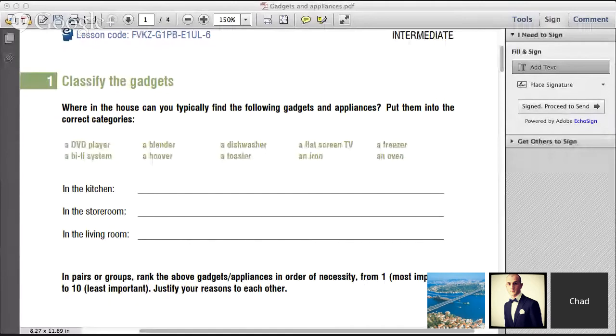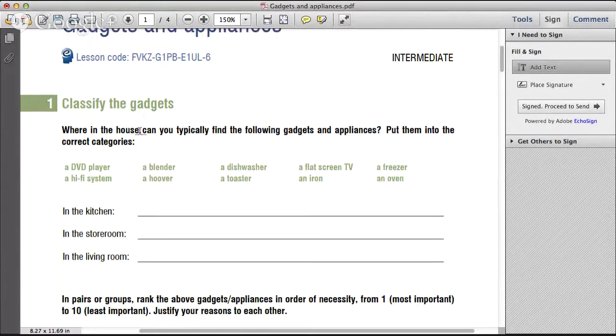Okay, you guys, let's go ahead and get started. I put the link to our PDF in the chat box. You can also find it in the class materials section. We're going to be talking a little bit about gadgets and appliances. The first thing that we're going to be doing is classifying gadgets.